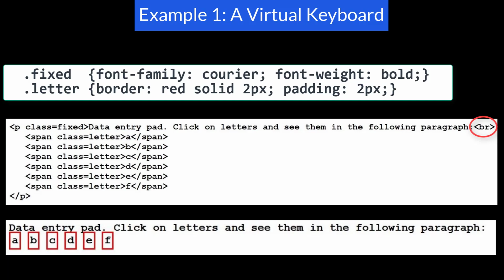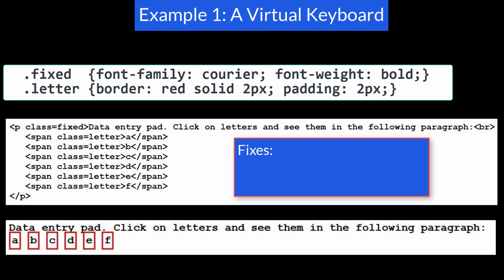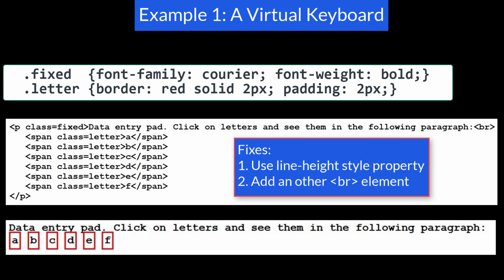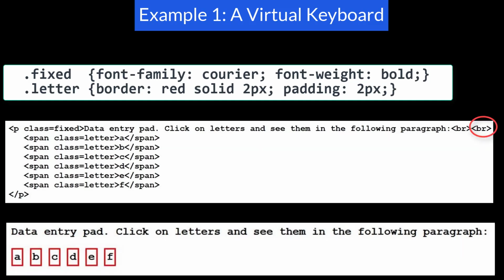Yikes, the lines are practically on top of each other. Two possible fixes. One, use the line height style property, but we haven't introduced that yet, so not fair perhaps. Or two, add another BR element. Let's do that. Giving, very nice.